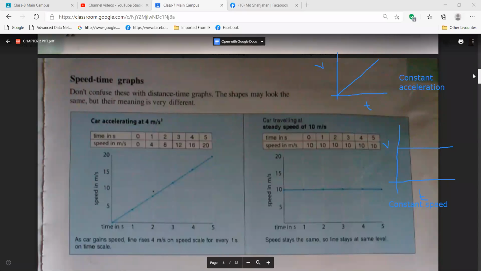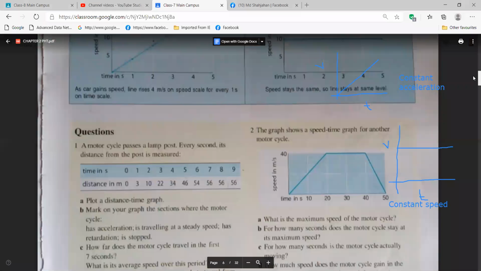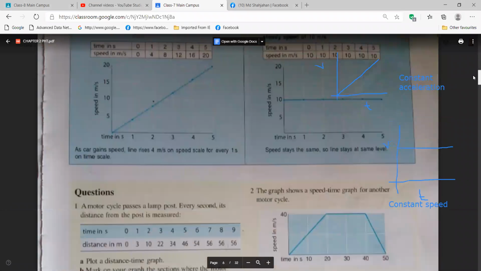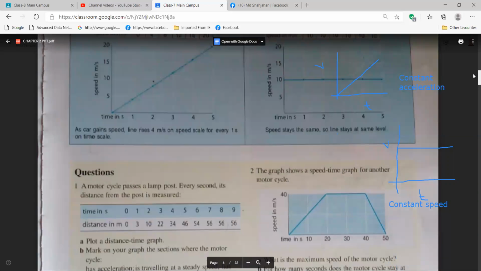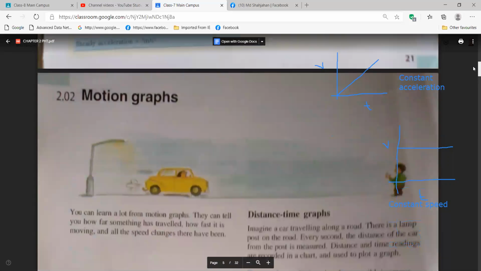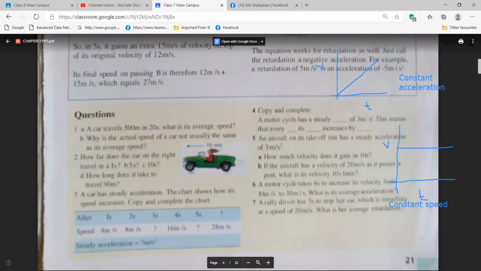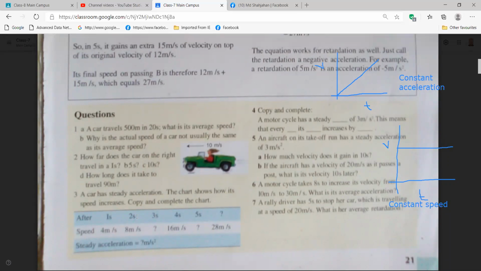Then we are going to this one again, to solve this question's answers. Question 3, I told you to solve the speed for 5 seconds.